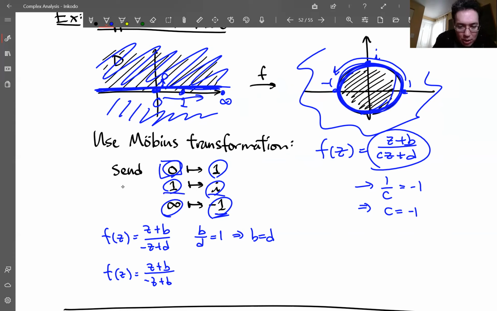So if I plug in 1, (1 plus B) over (-1 plus B) should equal I. So we can solve for B here. We can multiply both sides by -1 plus B. So -I plus IB is equal to 1 plus B. Let's get all the B on one side.